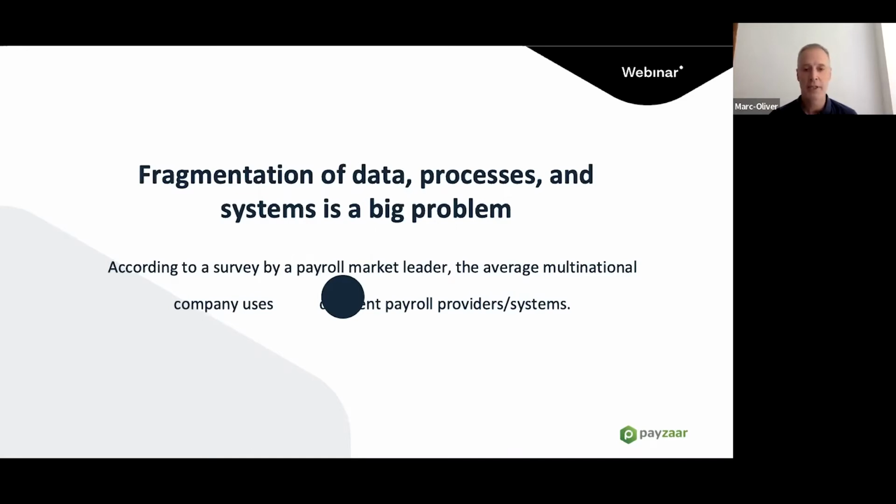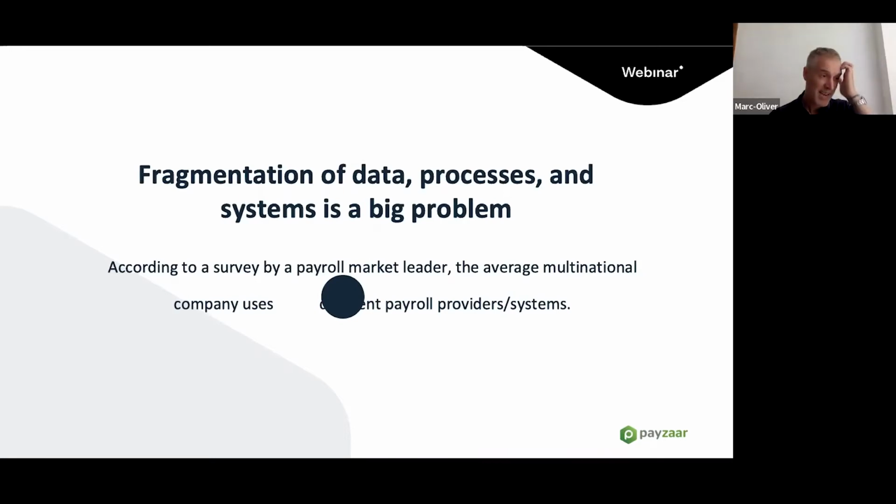Now that fragmentation is not surprising. Anyone who's worked in global payroll knows that each country, each jurisdiction has very specific labor laws, taxation laws and social security systems that require very specific knowledge and very specific systems to make sure that payroll is processed in compliance with local laws and legislation.